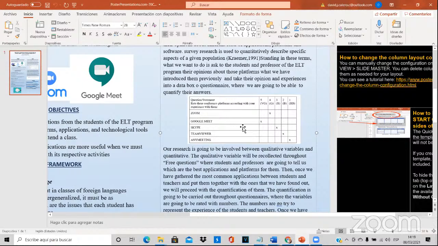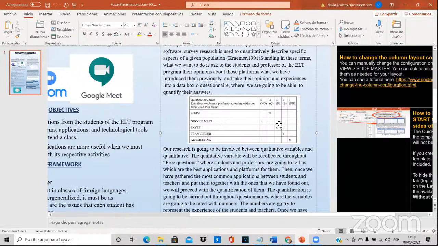So if a student thinks that it is really good, they would rate it 5, or 4 or 3 if it is regular, 2 if they think it is bad, or 1 if they think it is really bad. With this, we are turning qualitative information into quantitative.